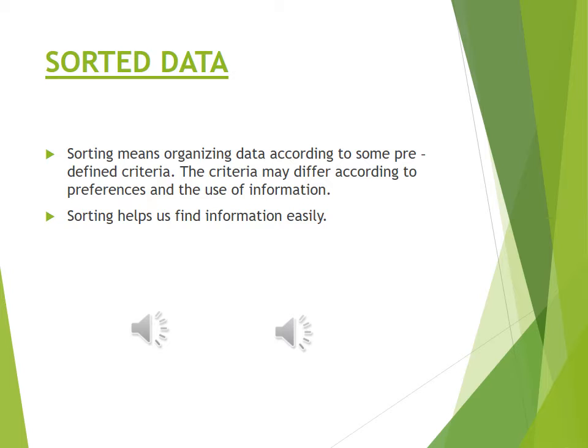Multiple data could be provided in any form, so to keep it organized, we sort it, and for this there would be some criteria defined through the information. And sorting helps us in finding information easily and effectively.